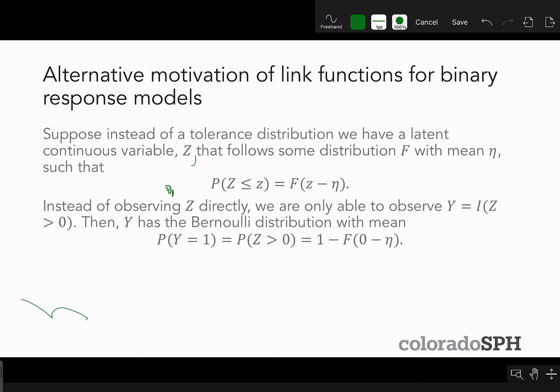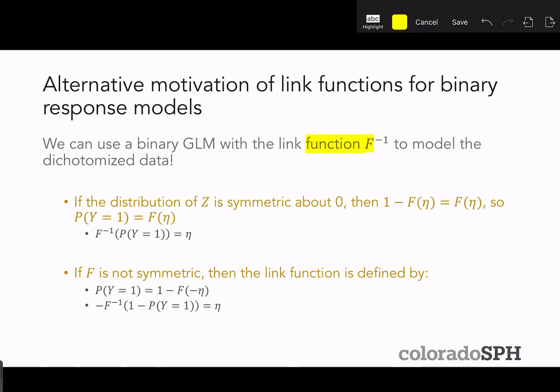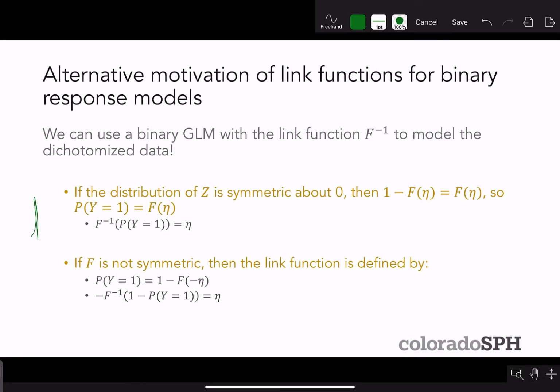And then y has a Bernoulli distribution with a mean based on the probability that z is greater than 0, which you can calculate from the cumulative distribution function of z. And we did some problems like this back in homework 1. So we can use a binary GLM with the link function f inverse, where f is the CDF of z, to model the dichotomized data.